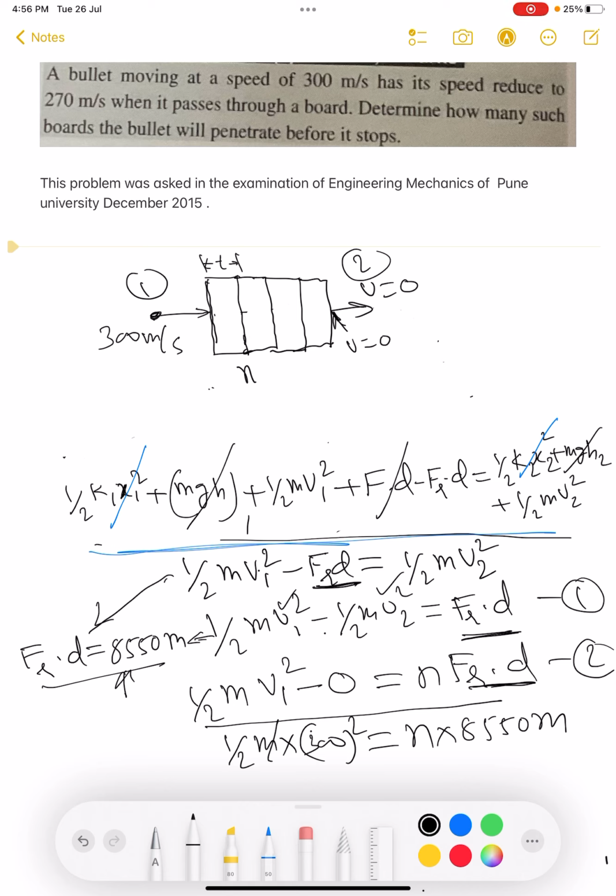So m gets cancelled from both sides, and you will find the value of n equal to 5.26 boards, which we can say is equal to 6 boards. So when you have 6 boards, the bullet will have 0 velocity. Okay, thank you.